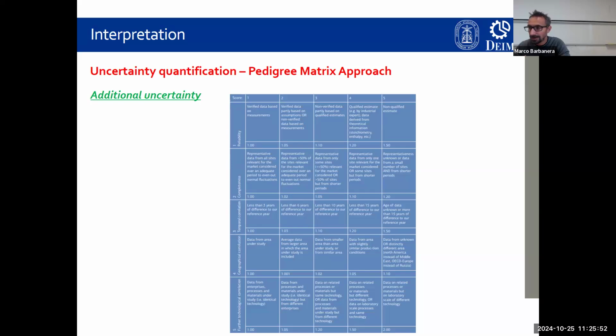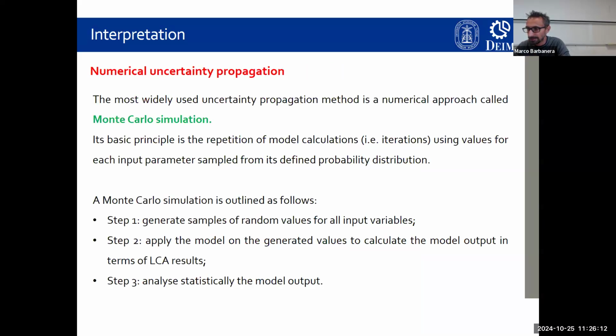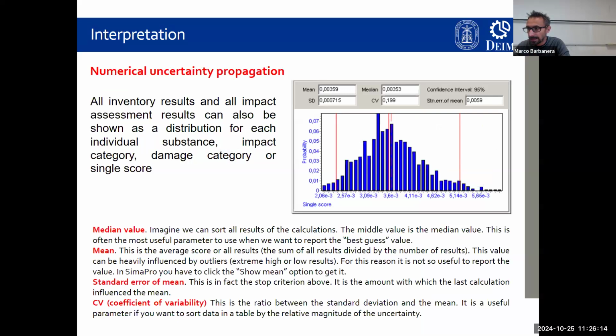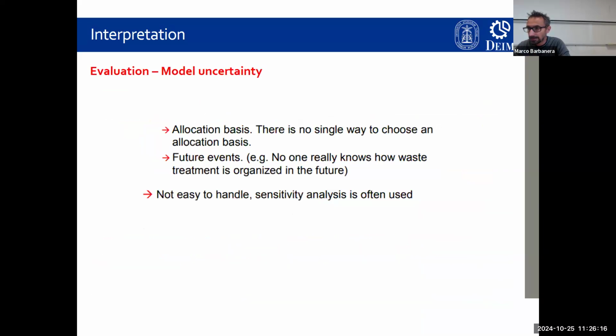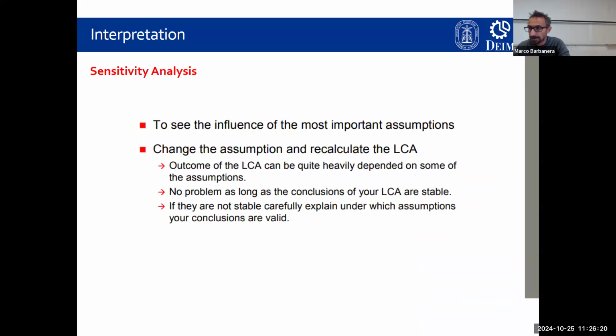But if the number of data in your inventory is very large, the time necessary to complete the calculation of the squared standard deviations will be very, very long. So this is not very important.